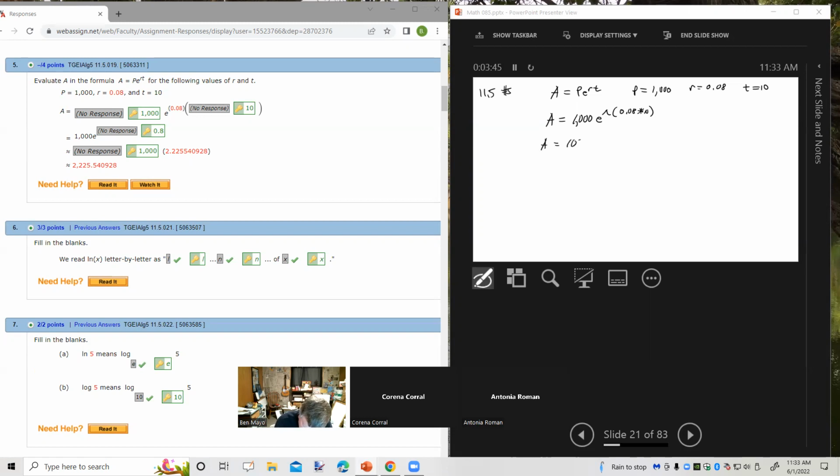Then, if we did this a piece at a time, instead of punching that whole thing into the calculator, next you'd take 0.08 times 10, which would be 0.8. And then if you did e to the 0.8 power, you get 2.225540928.